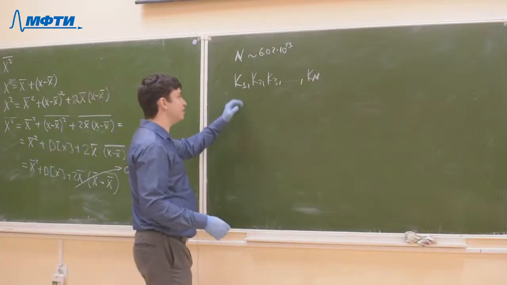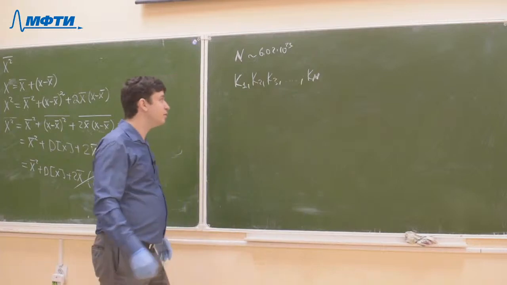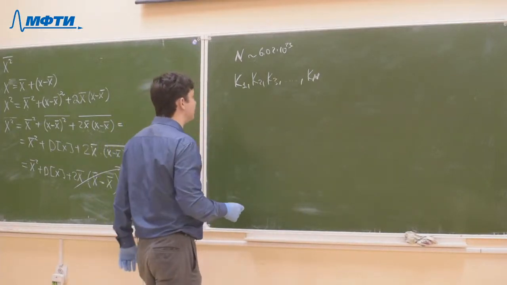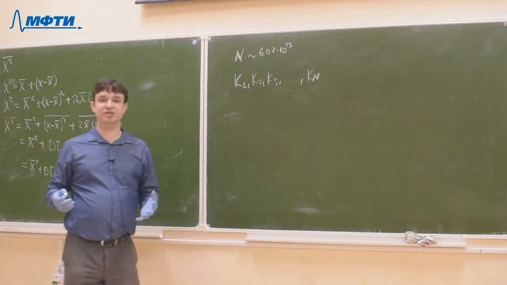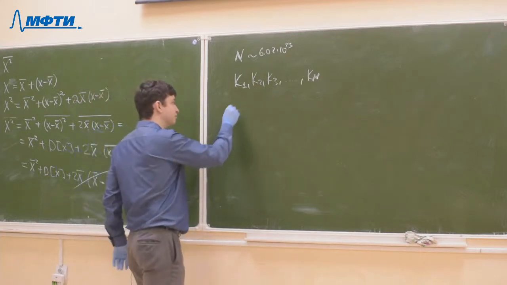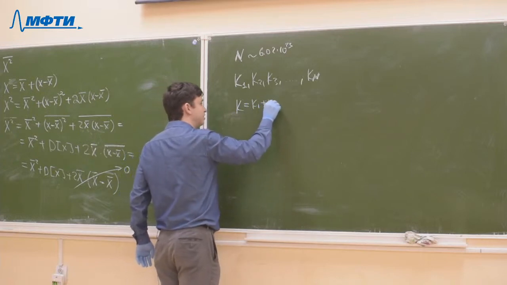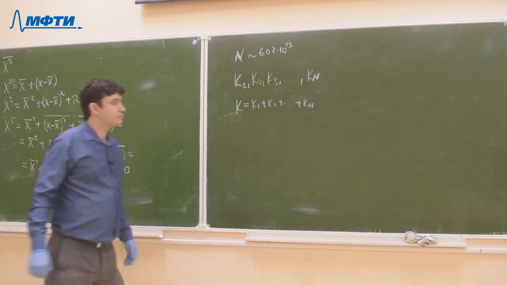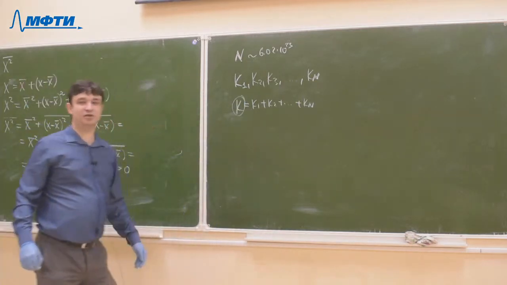So the kinetic energy of a molecule can be quite small and it can be quite large. But let's say we want to calculate how the total kinetic energy of this gas behaves as a random variable. So we calculate the total kinetic energy as K1 plus K2 plus so on plus KN. And we want to know the properties of the total kinetic energy of molecules K.